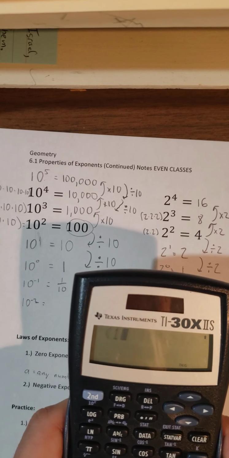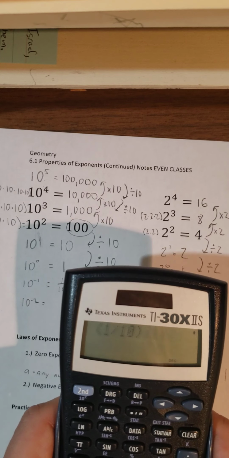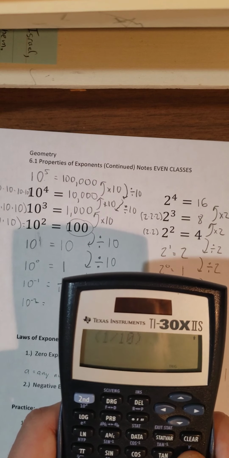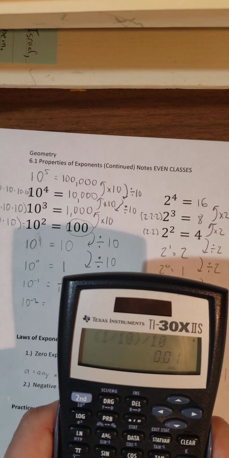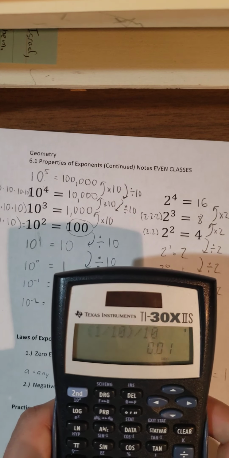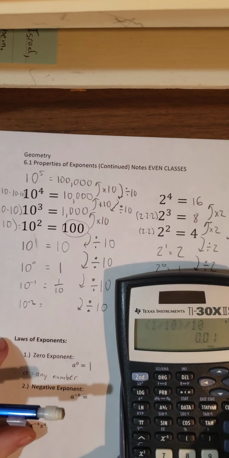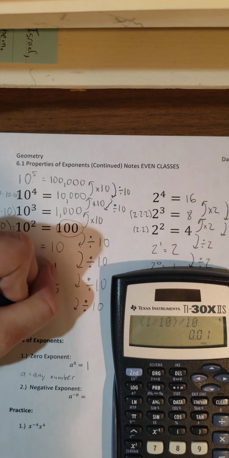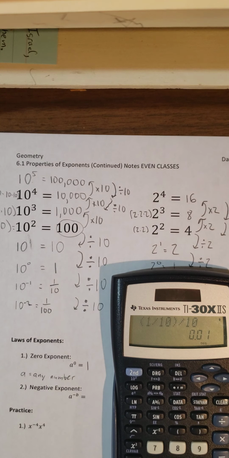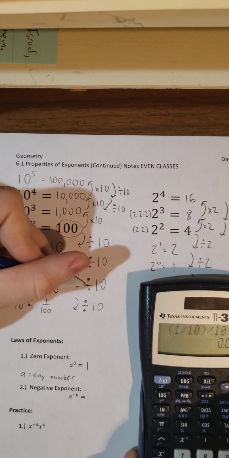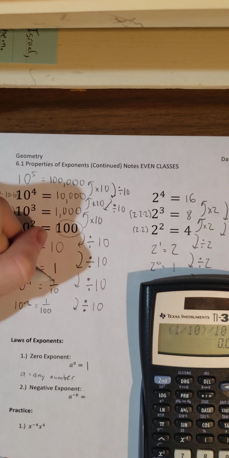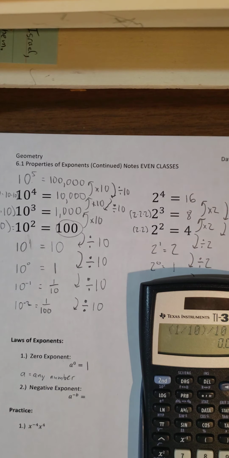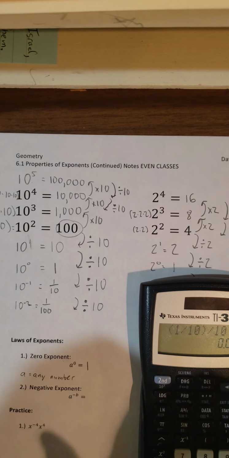Do 1/10 and then divide by 10, and that gives you the decimal 0.01, which as a fraction is 1 over 100. So if we divided it by 10 here, this 1/10 divided by 10 would be 1/100th.